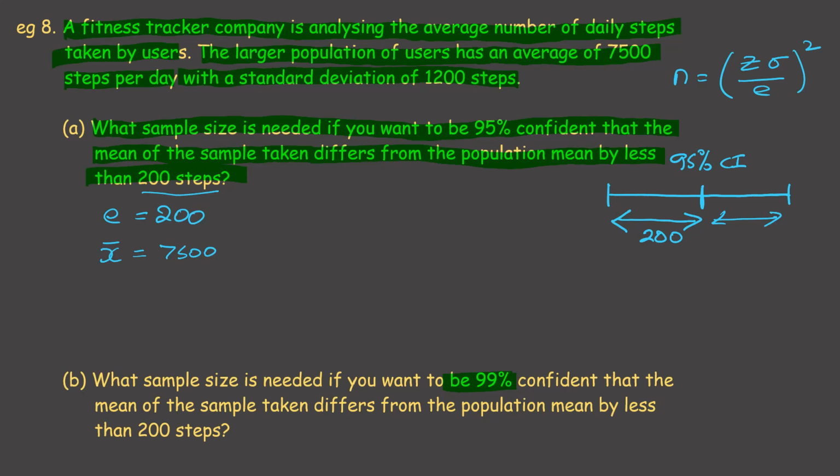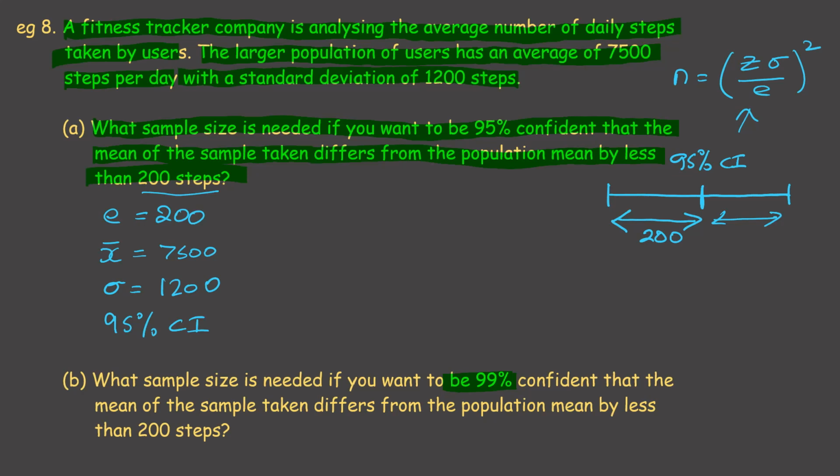Not that that actually makes any difference because it doesn't appear in the formula. The standard deviation, or the sigma as it is in the formula, is going to be 1,200. And we want a 95% confidence interval. So we need that Z-score.